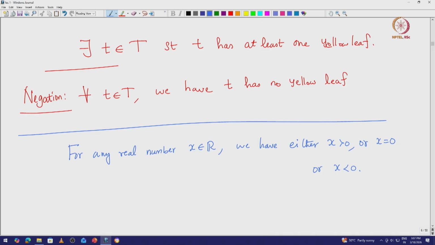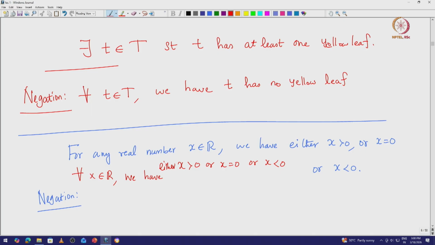Okay. So, now if you want to negate this, you can find some real number. I am just simply writing the negation, I am not trying to say anything about the truth value of that sentence. If you first rewrite this sentence in terms of the mathematical symbols, for all x in R, we have either x positive or x equal to 0 or x is negative.